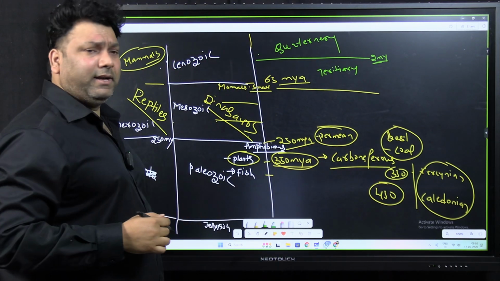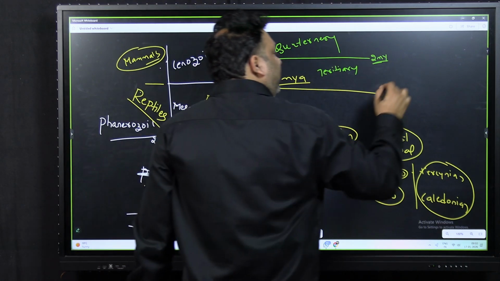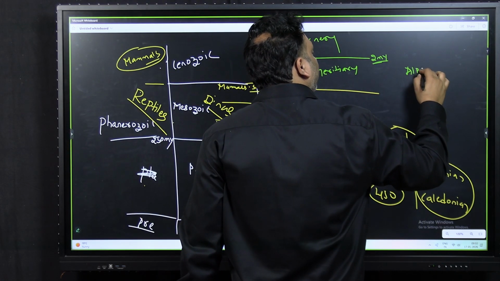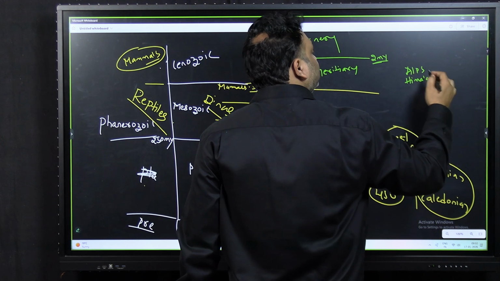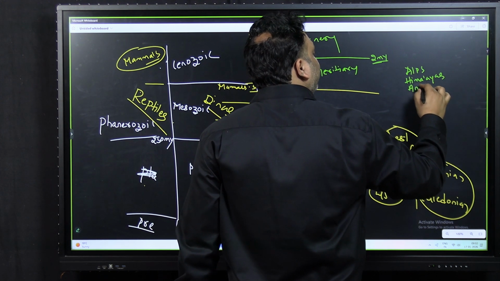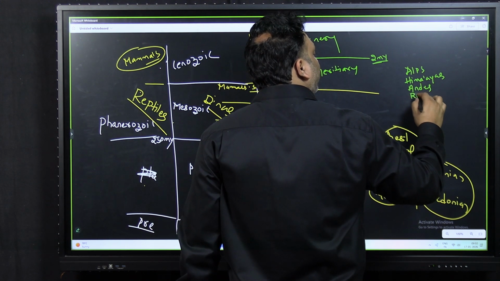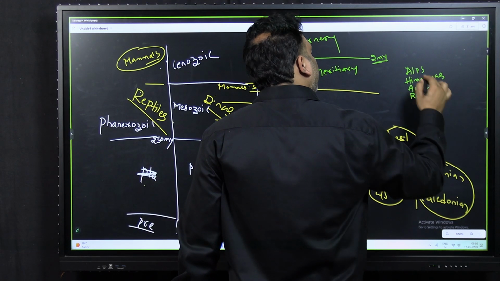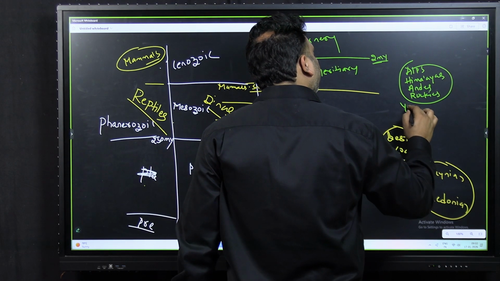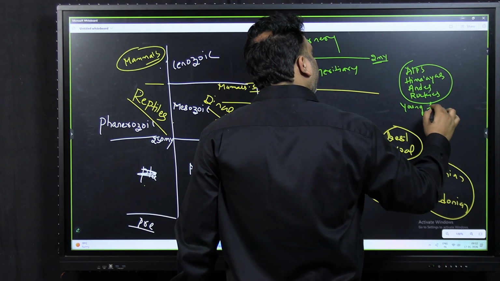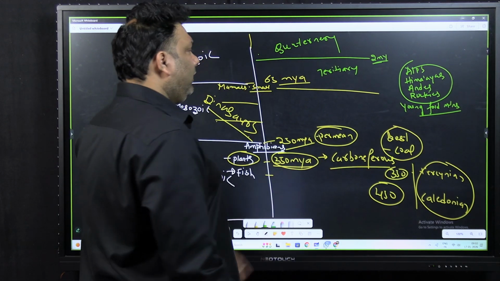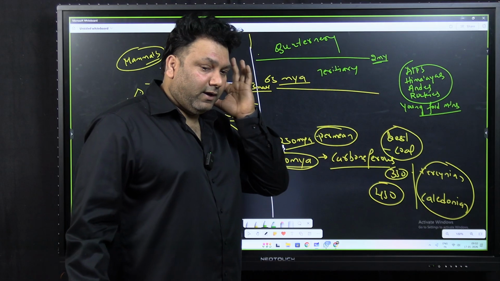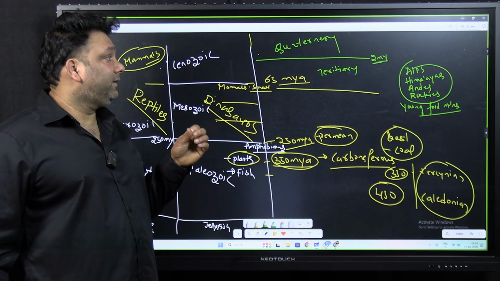So during the tertiary time period, your mountains such as these Alps, these Himalayas, your Andes, Rockies have been formed. These young fold mountains have been formed during the tertiary time period. So that's why these are also called the tertiary mountains.